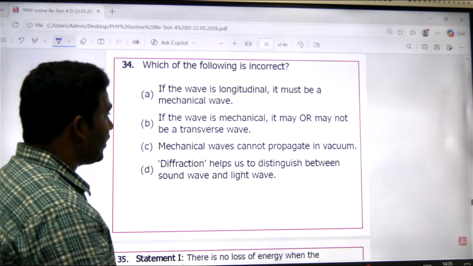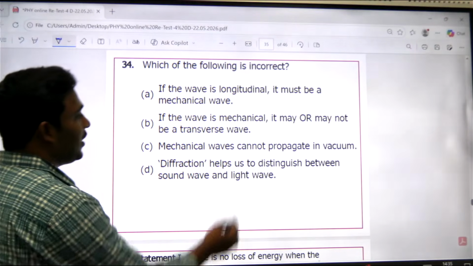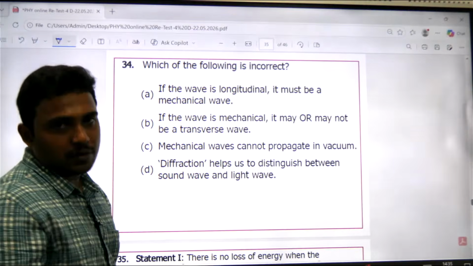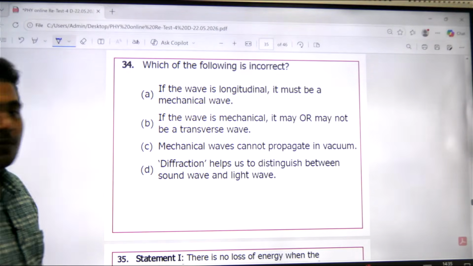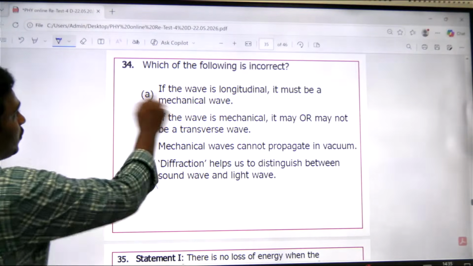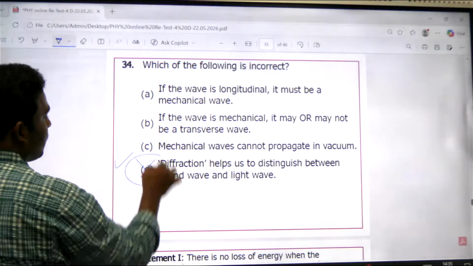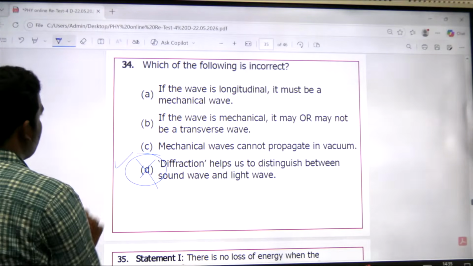Mechanical waves cannot propagate in vacuum. Correct. Diffraction helps us to distinguish between sound wave and light wave. Wrong, because both light waves and sound waves undergo diffraction. So this is your wrong option, the option which you are supposed to tick. This statement is wrong, so this is the right answer for your question.